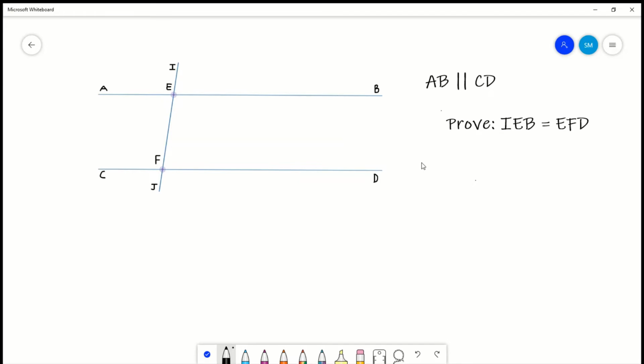So what we'll assume is that angle IEB is not equal to angle EFD.